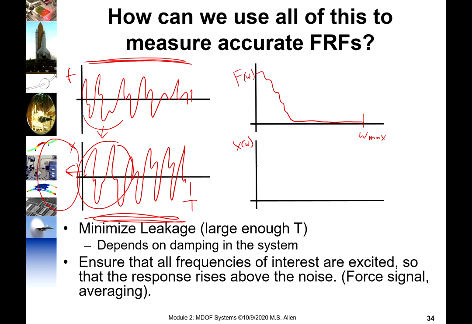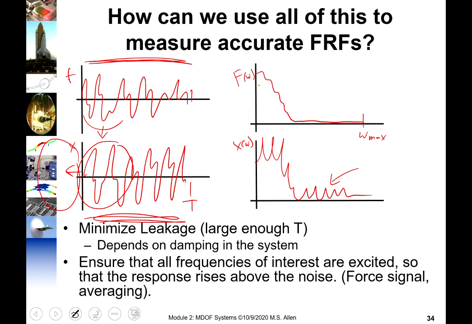If we had a force signal that looked like that, our response signal might look like this. And all of these other modes that we're trying to measure have very low amplitudes and might fall down in the noise floor. So we need to apply enough force.